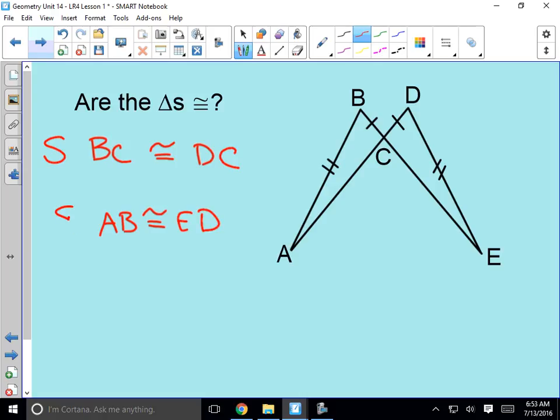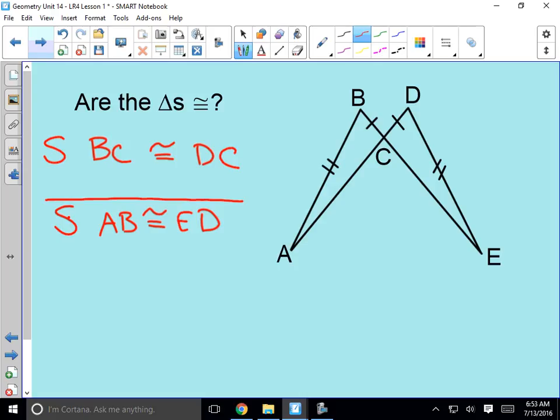That's a tick mark piece, that's a side. Notice I left a gap here in the middle, because what I have to see is if my given angle that I know is congruent is in between the two.